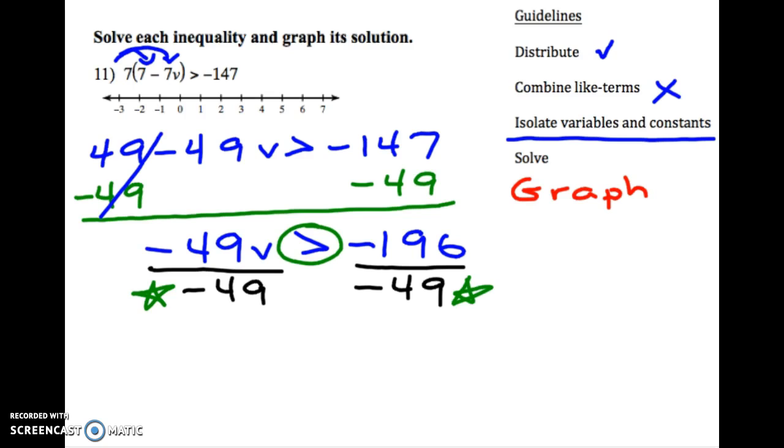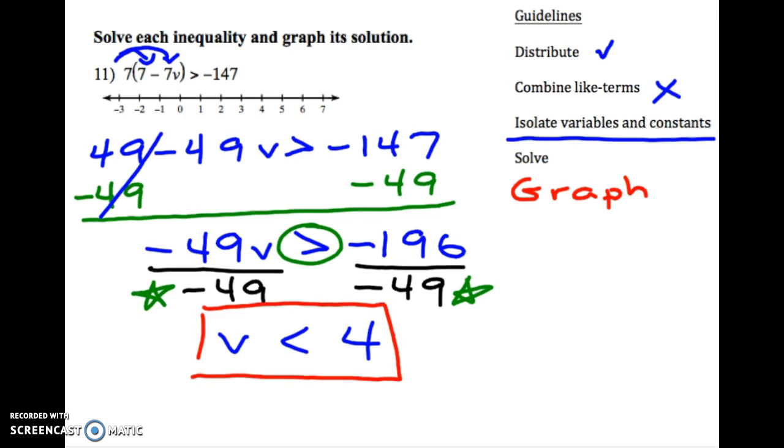So the negative 49v divided by the negative 49 gives us a positive v. We're dividing by a negative, so the direction of the inequality switches. We got less than now. Negative 196 divided by negative 49 should give us a positive 4. Algebraically at this point, our solution is v is less than 4.